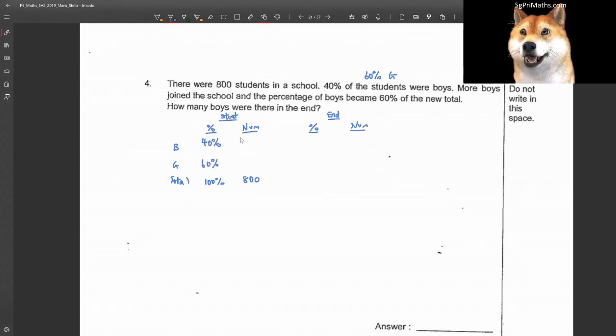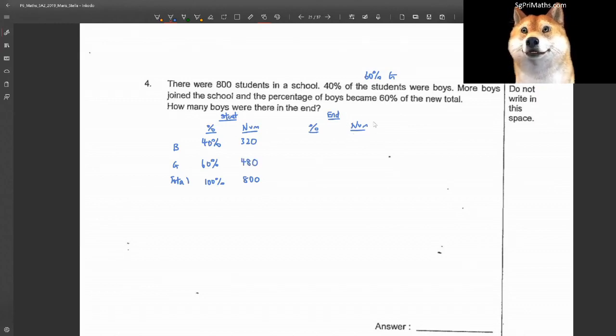So we can find the numbers here first. 40% of 800 gives you 320. Then 60% of 800 gives you 480.